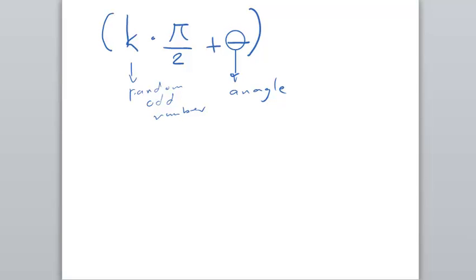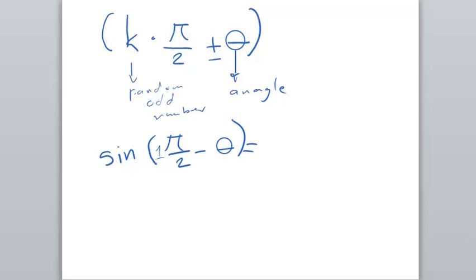Okay, now let's do an example. For example, let's say we want to do it for sine of pi over 2 minus an angle. It could be positive or negative. In here k is actually 1, so the odd number is 1.